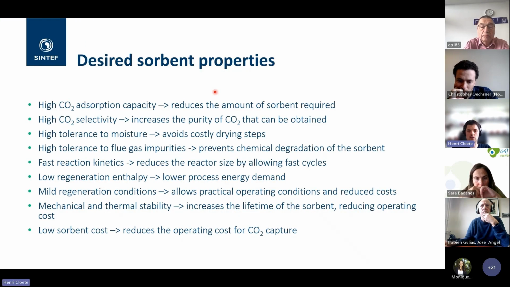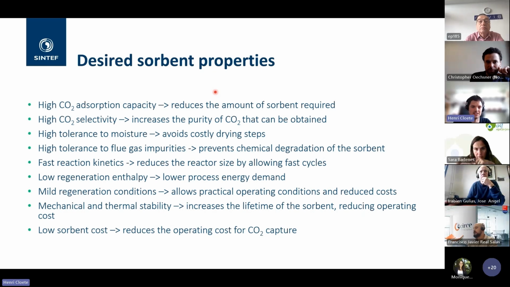Okay, so then looking into the sorbent, here's quite a long list of the different things that you want in your ideal solvent. I'll just go very quickly through this, not very comprehensively, but this is mainly just to show that there's quite a lot of things to keep in mind, and probably you will never have the perfect solvent that will be able to do all of this exactly the way you want.